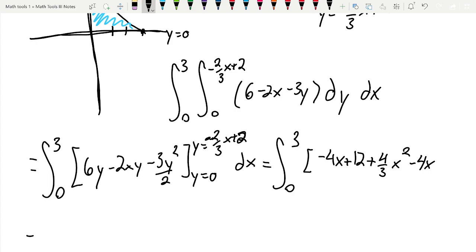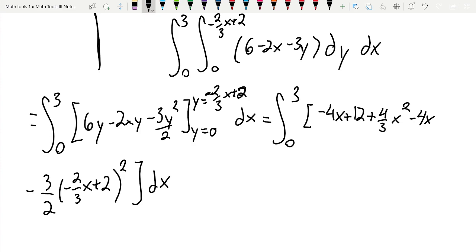And then 3y squared over, let's just go ahead and write this one out. We're definitely going to need to FOIL that. Okay. So everything's taken care of except for this part.